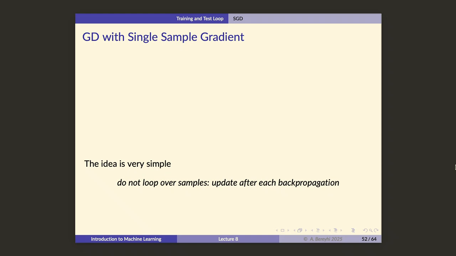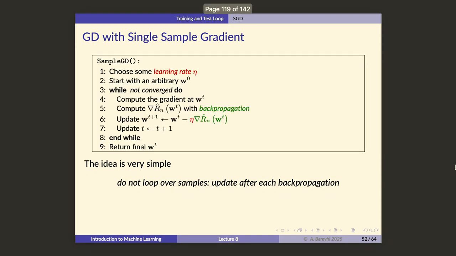A better idea is that we go for sample gradient descent. So what is the idea of sample gradient descent? That is simple. Just get rid of that for loop. Every time you get into your gradient descent, you get into line 3 where the while loop starts.